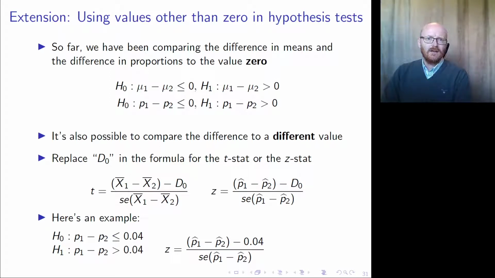So far we have compared our differences in means and proportions to the value of 0. But we can compare these differences to a different value. And why would we do that? We would do that if the cost of change is positive.